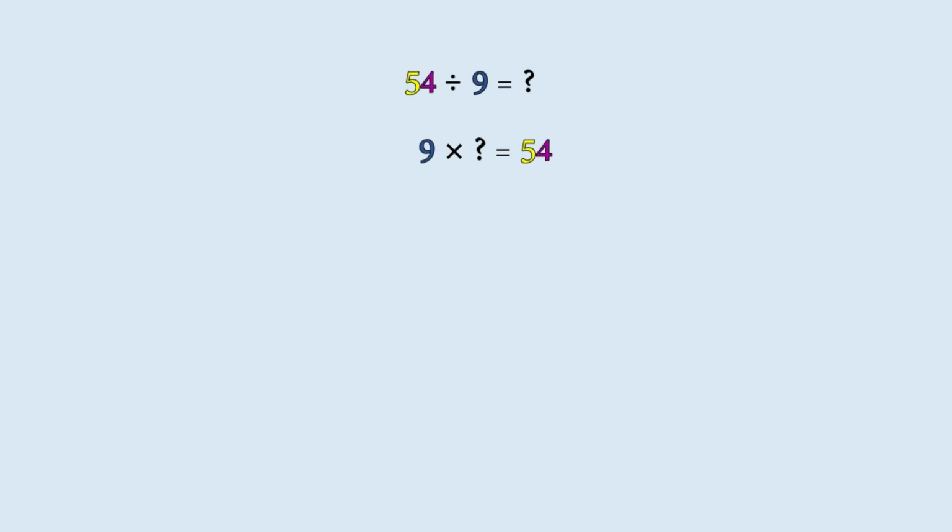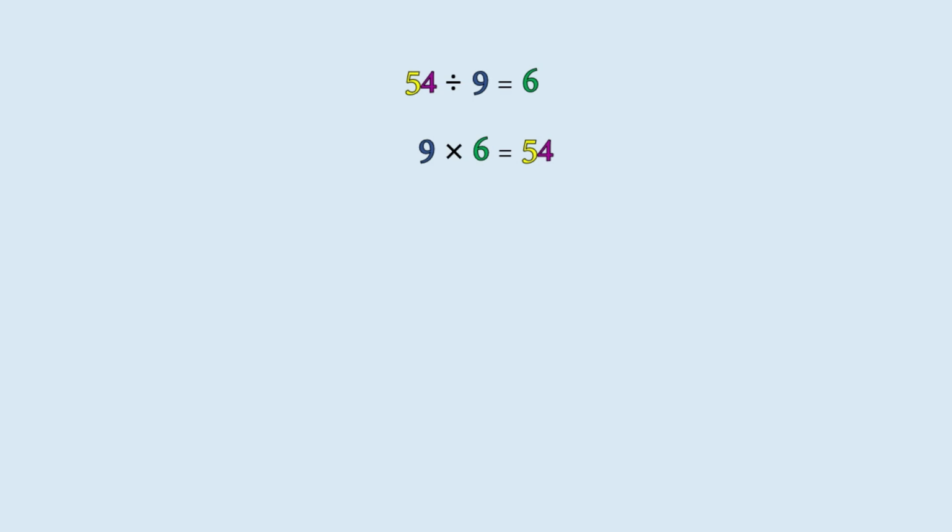Now, if your child knows the times 9 series, she will remember that 9 times 6 is 54. And since 6 is the answer to the multiplying problem, it's also the answer to the dividing problem. So 54 divided by 9 equals 6.